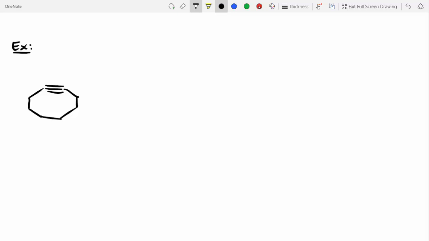You can make this. So alkynes prefer to be at 180 degree angles, but in this case we've got a highly strained alkyne. They've actually gone so far as making the 7-membered ring version of this. But this is called cyclooctyne, and it's really popular for click chemistry.